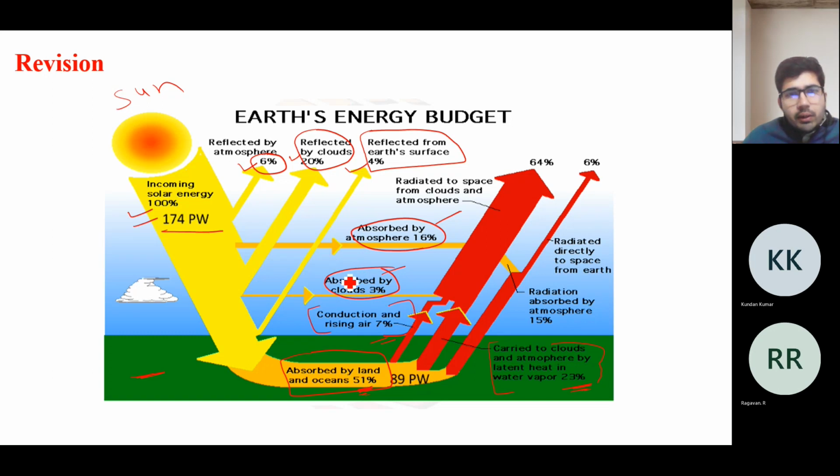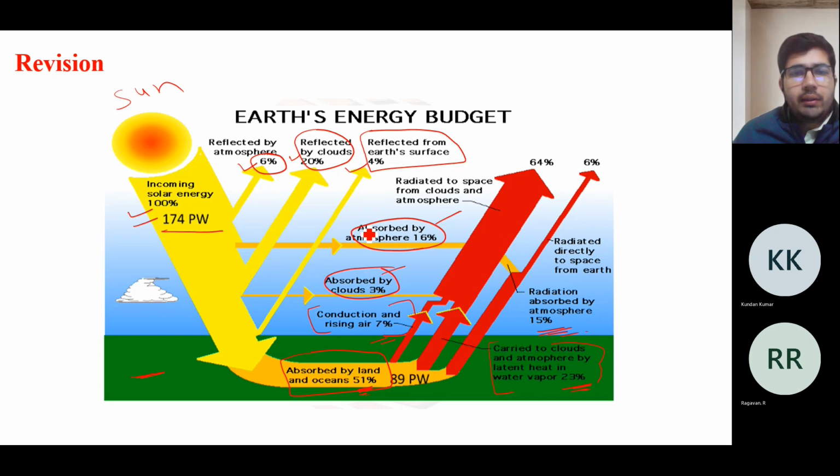Okay, and atmosphere by latent heat in water vapor, and the amount of this energy, around 15%, will again be radiated by the earth surface. Okay, so 15% will be radiated to the atmosphere.